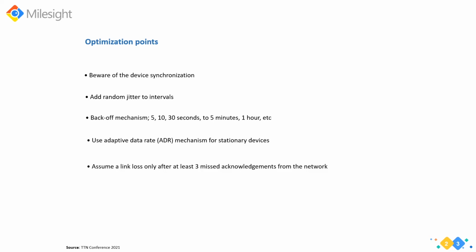And if there's a link loss, please check it only after some time, after missing, for example, 3 acknowledgements, not after missing the first one. Then do something after several acknowledgement messages are missing.